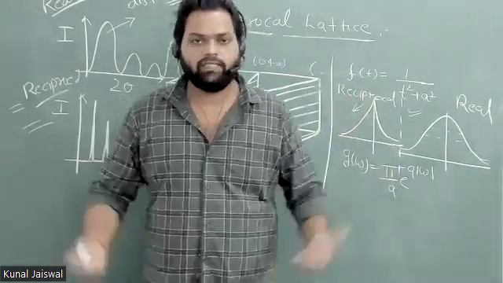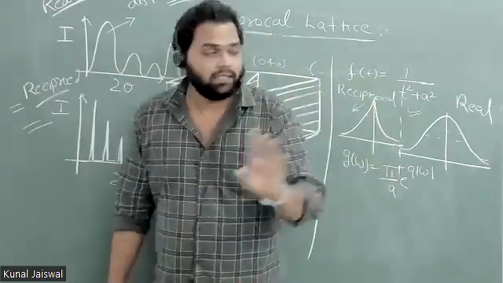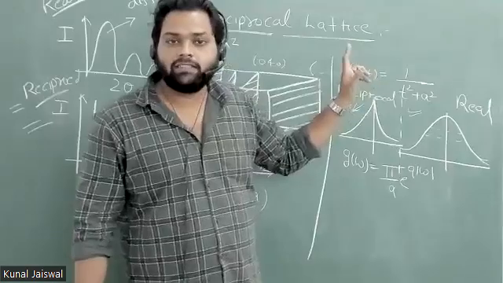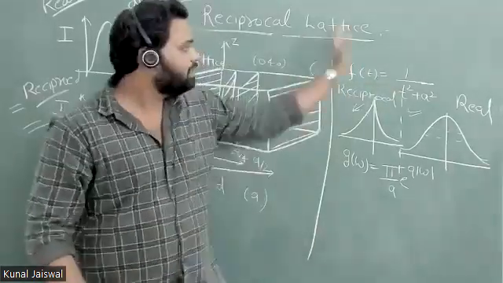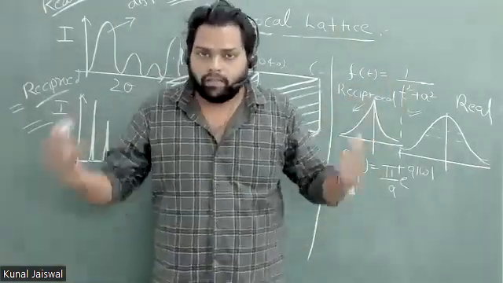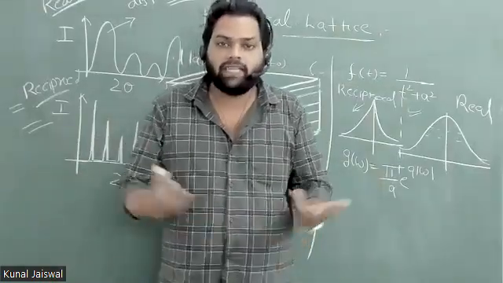So that's why scientists made the concept of reciprocal lattice. And one more thing, this reciprocal lattice concept is just fictitious. It is imaginary, it doesn't exist physically, understand this carefully. It's just a tool which we have made by ourselves for the study of our complicated structures.